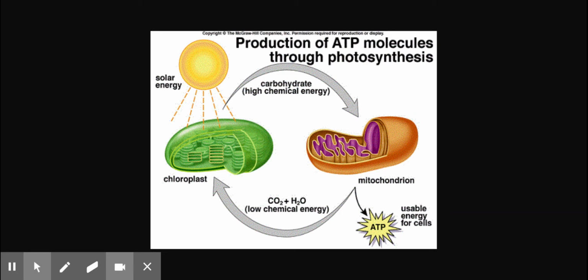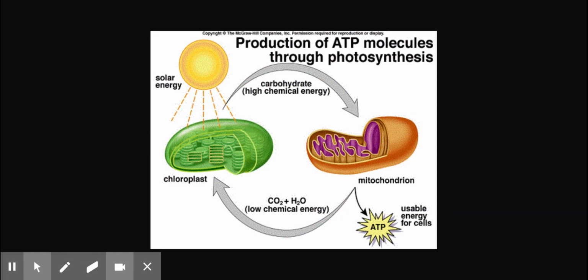When it's time to release that energy, the process that does that is cellular respiration. So all organisms do cellular respiration, including plants and algae and photosynthetic bacteria. Cellular respiration breaks apart the sugar. So those bonds that were holding the energy are ripped apart, and that energy is released.